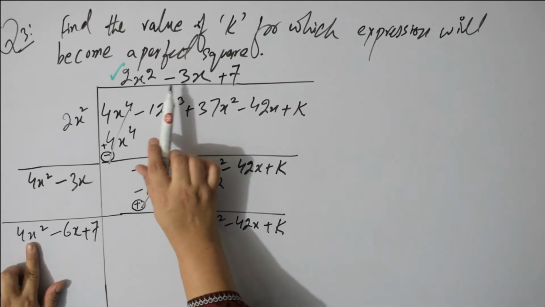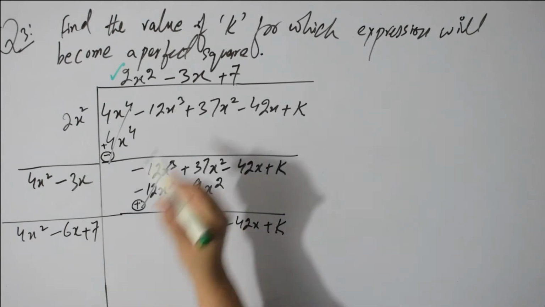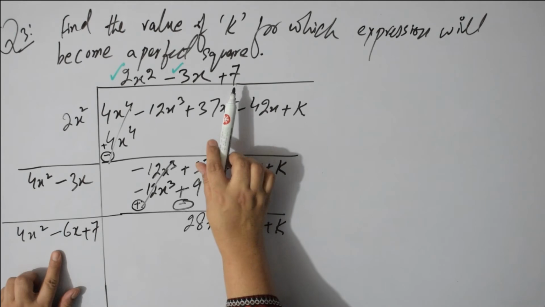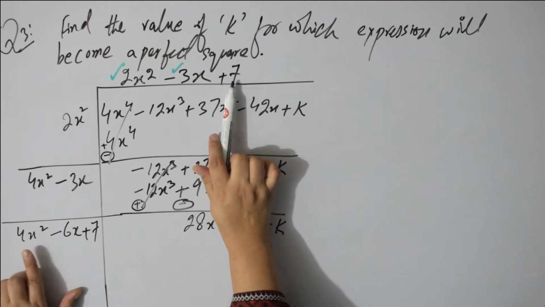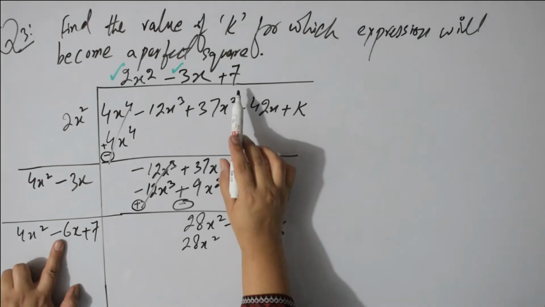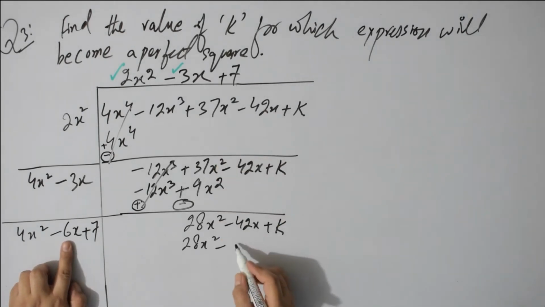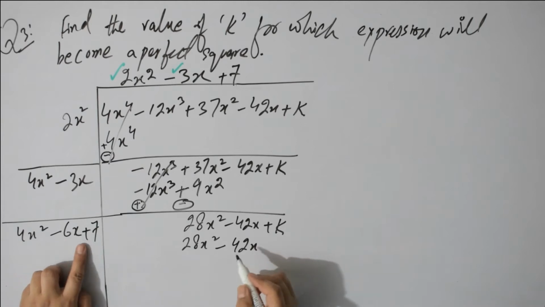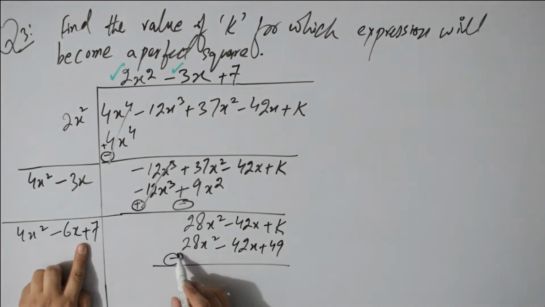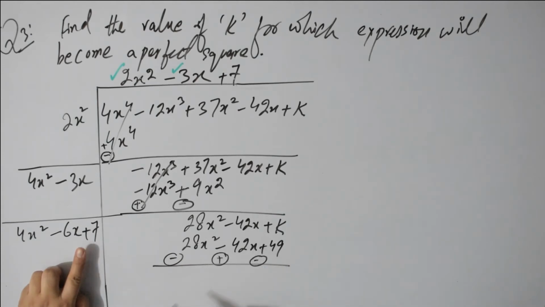Now multiplication is also done. Now come to its last quotient. 4 7s are 28x square, minus 6 7s are 42x, plus 7 into 7 is 49. Change the sign: previous sign was plus, new minus; minus becomes plus, plus becomes minus.